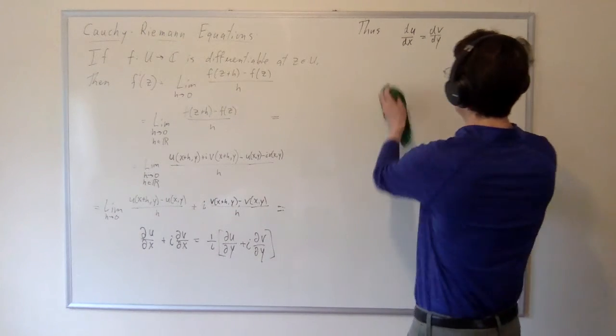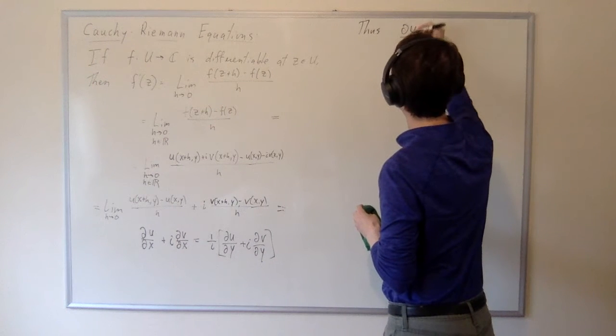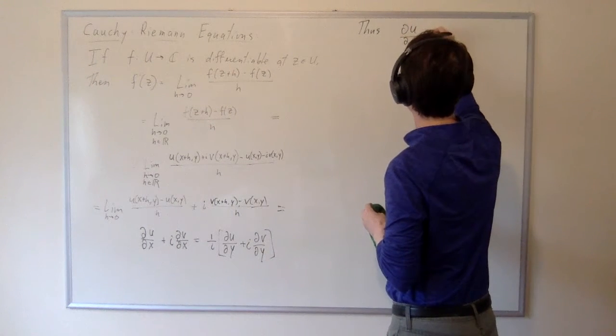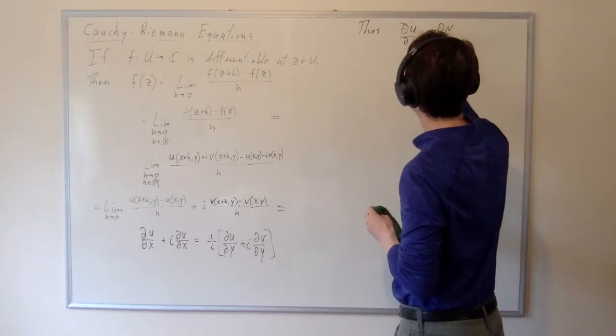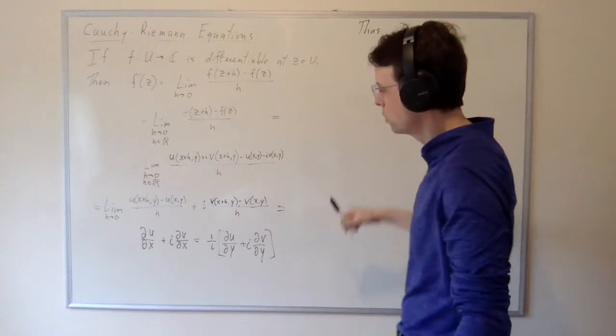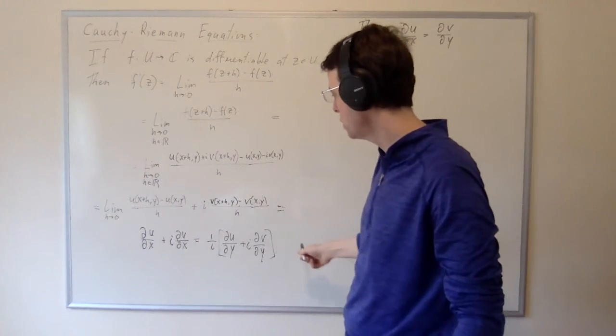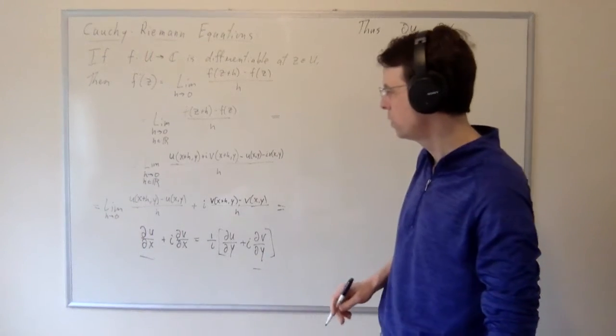And I've written this somewhat sloppily using d's. To be perfectly precise, I should write partial derivatives here. So the partial derivative of u with respect to x is equal to the partial derivative of v with respect to y. Now, okay, so that's obtained by equating the real parts, which come from these terms.